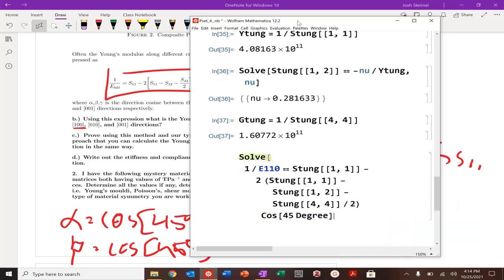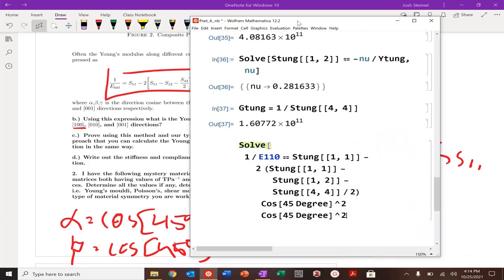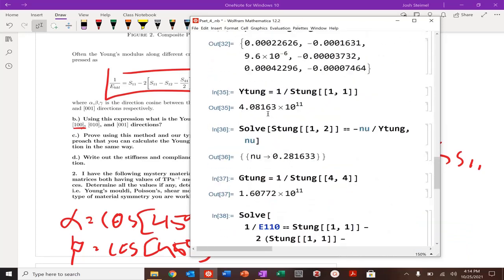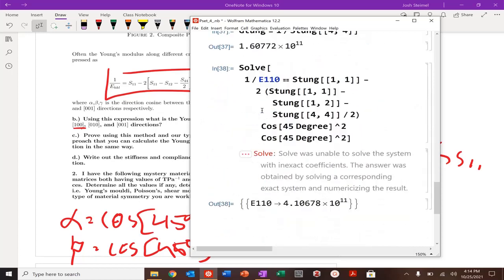Cosine of 45 degrees squared times cosine of 45, you have to type in degree squared and solve it, and I get a value that's a little bit different, makes sense, than my value here.